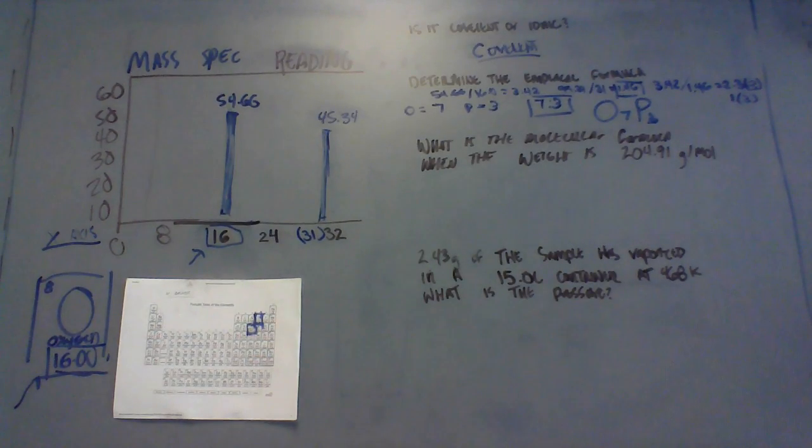To find our molecular formula when the weight is 204.91 grams per molecule, you first need the weight of your empirical formula that you started with. To get this, you need to multiply the average mass weight by the number listed for that element in the empirical formula.